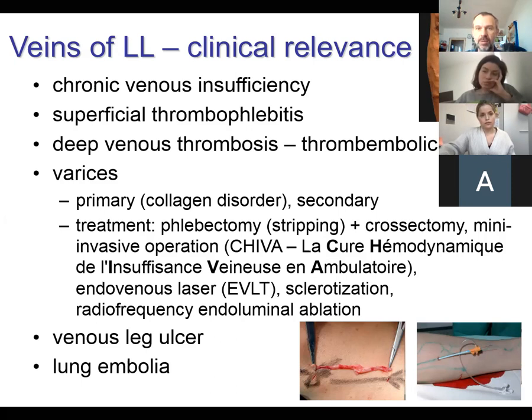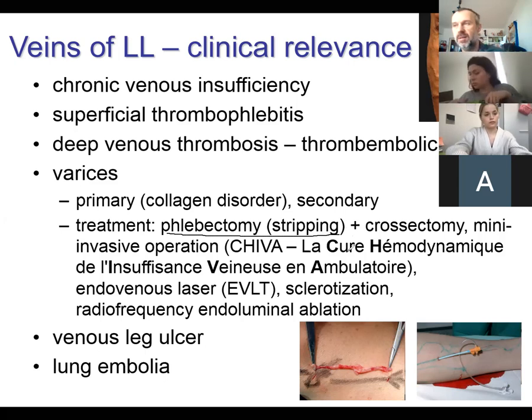Either you totally remove the superficial veins when they are destroyed. We call it phlebectomy, as phleps is a vein in Greek, or stripping. You just remove it, and you add the crossectomy to that.